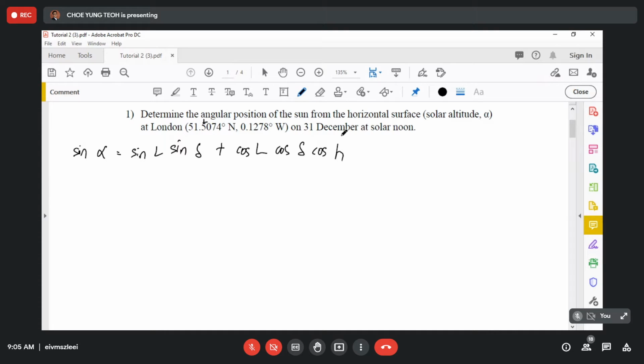Okay, and then delta. Delta refers to the location of the sun relative to the equator. So it means that we need to know the date, and then find where is the location. Let's find the delta.